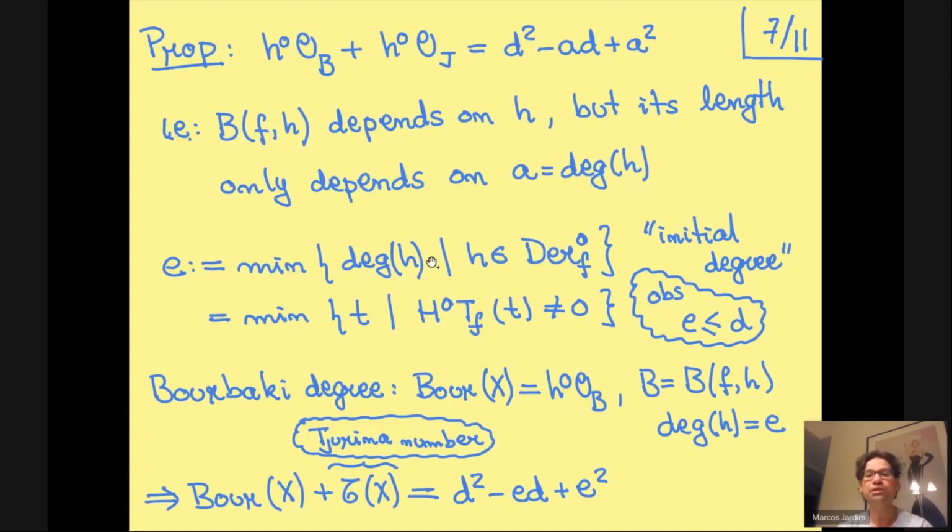So the smallest possible degree of an element in this module of derivations, or the minimum possible twist for which the log sheaf admits a section. So perhaps related to the previous question, you can take that A to be the smallest possible degree of a syzygy. And observe that E is always smaller or equal than D.